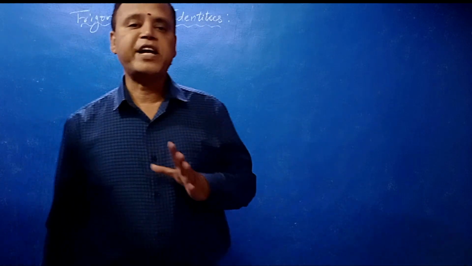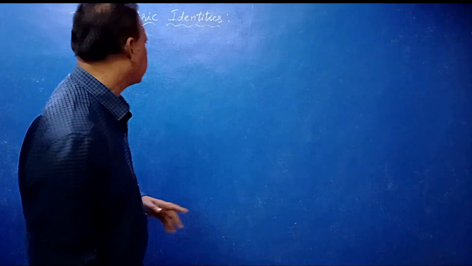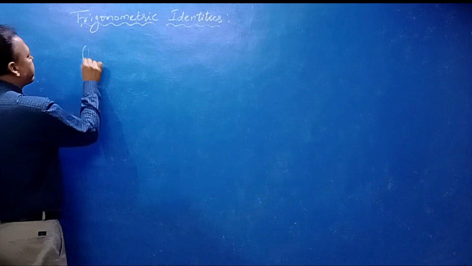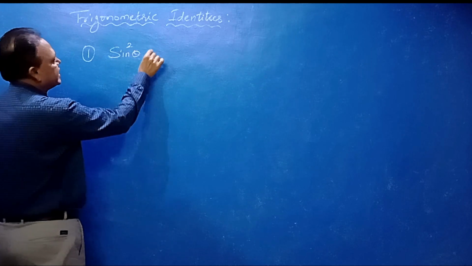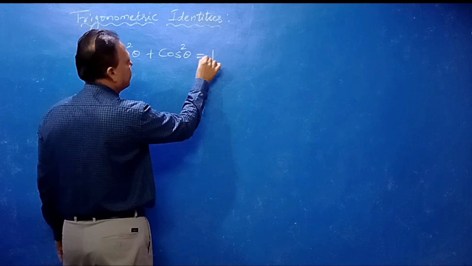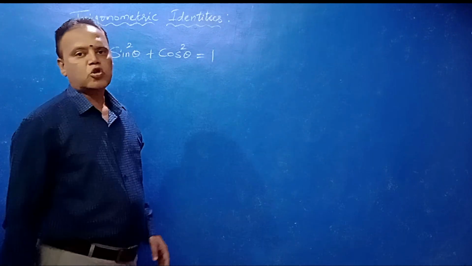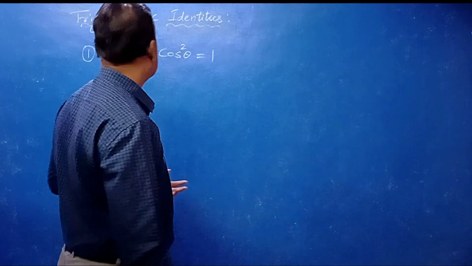So the first identity is sin square theta plus cos square theta equal to 1. What we proved is that sin square theta plus cos square theta equal to 1. So from this identity you can write 2 more identities.